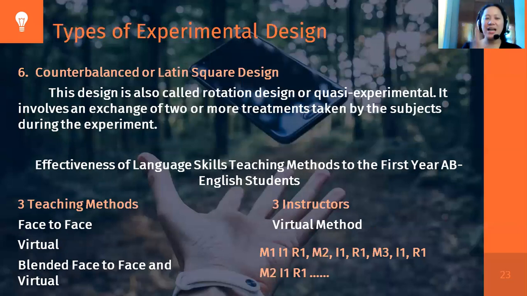Okay, so next we have the counterbalance or Latin square design, and I usually know this as the quasi-experimental design. So this design is also called rotation design or quasi-experimental. So it involves an exchange of 2 or more treatments taken by the subjects during the experiment. So what I can imagine with this is a basketball where you call that round robin or rotation. So this team will play with other team.